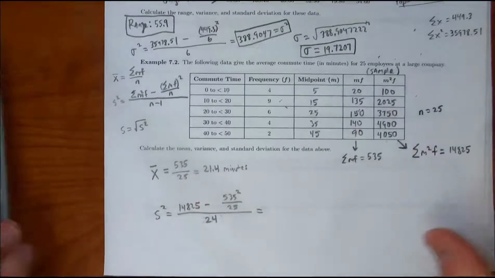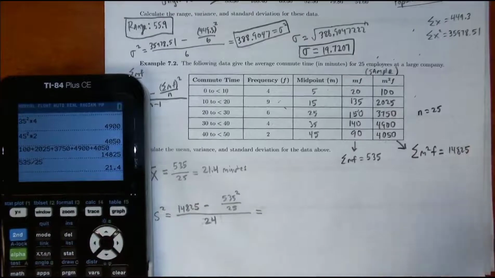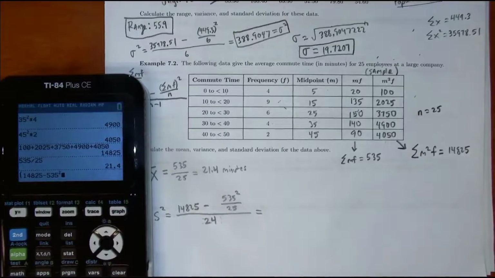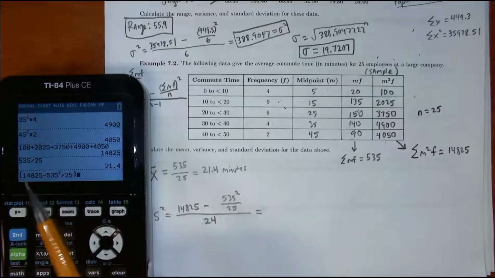Equals, let's see here. Again, put parentheses around your numerator. 14,825 minus 535 squared divided by 25. Close your parentheses. Again, the calculator knows square, get that answer, then divide, then subtract, because the calculator certainly knows the order of operations.